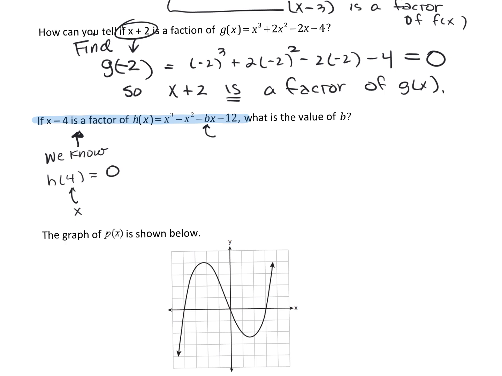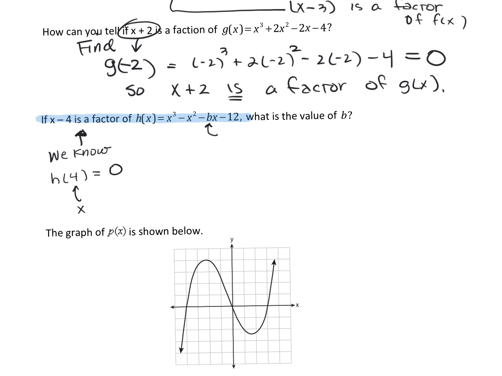So that's what I'm going to do to make an equation where I can solve for b. I'm going to put 4 in for x. And I know, because it's a factor, that when I put it in, that polynomial equals 0.